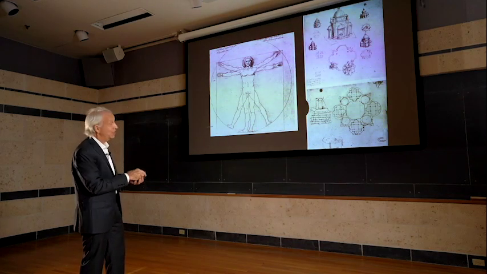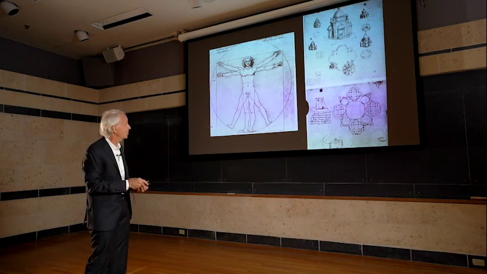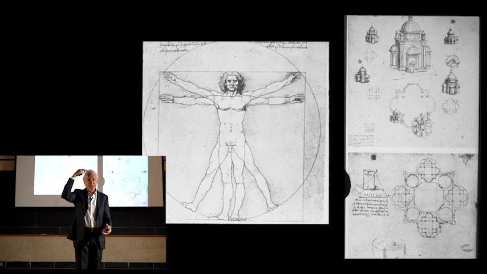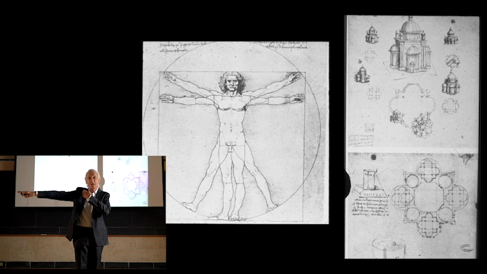And then in addition to that, there are all sorts of golden proportions that are in here as well. So the height of your body compared to the height to your navel is 0.618034 to 1, or that golden proportion. The length of your arm compared to the length to your elbow is 0.618034 to 1.